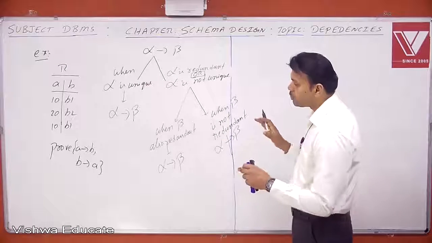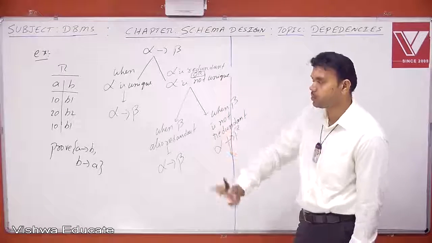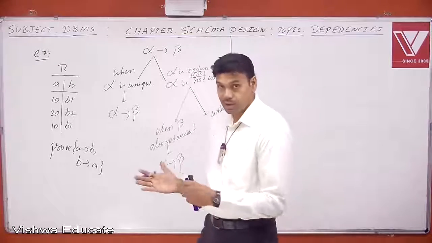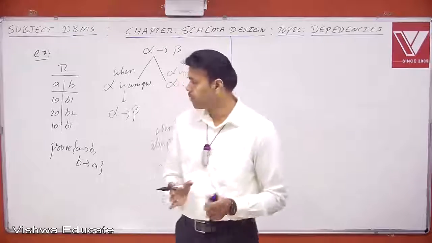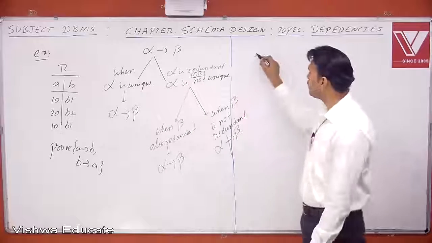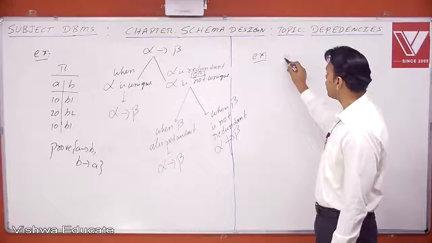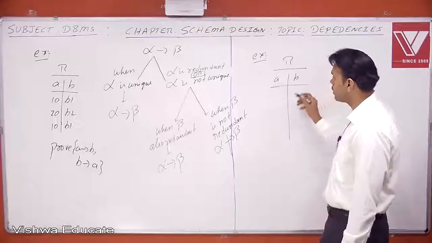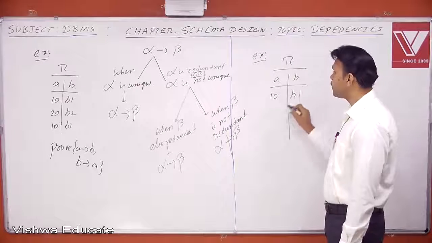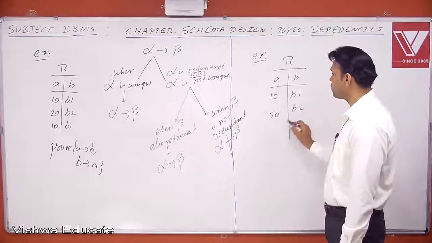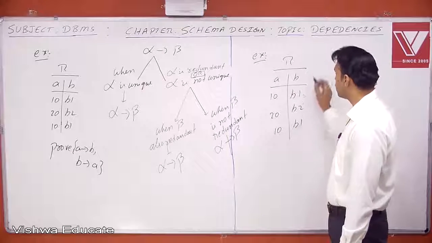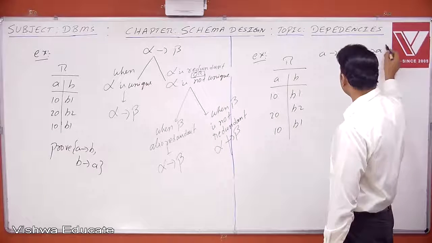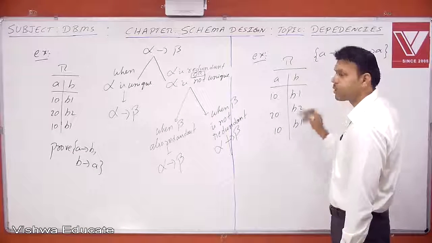This is how the flow works to prove any example, whether simple or complex. So R has A and B with 10 B1, 20 B2 and 10 B1. He is asking you to prove A to B and B to A.